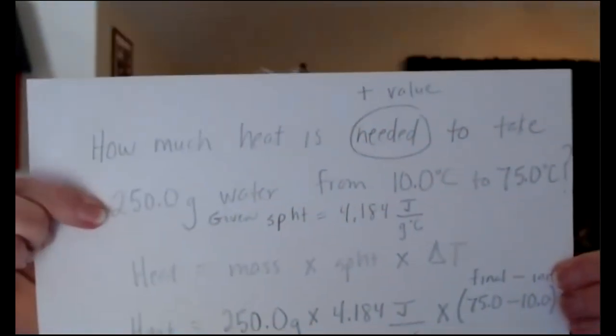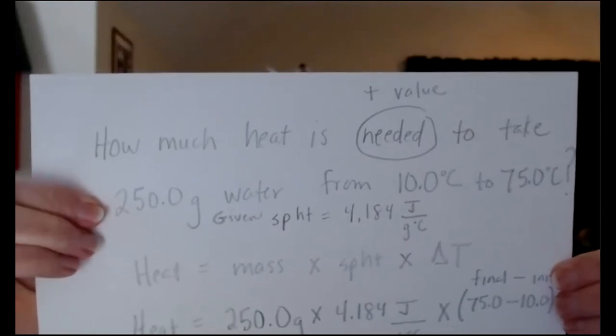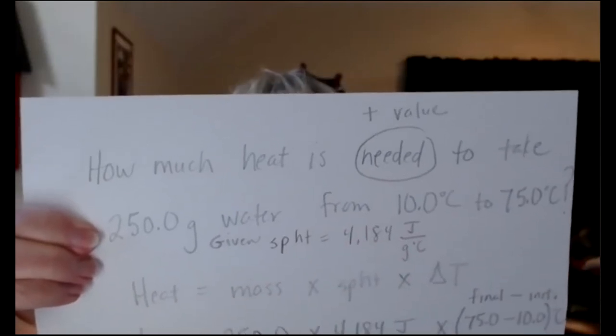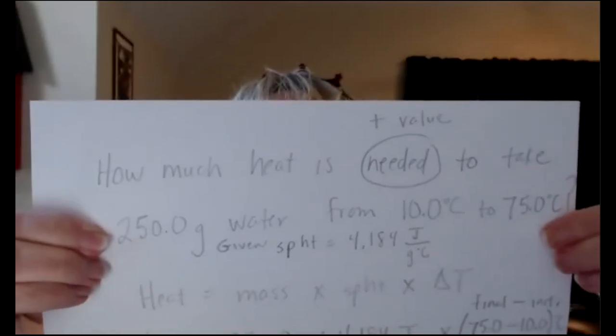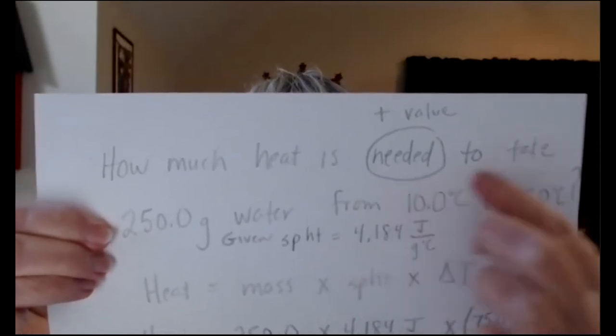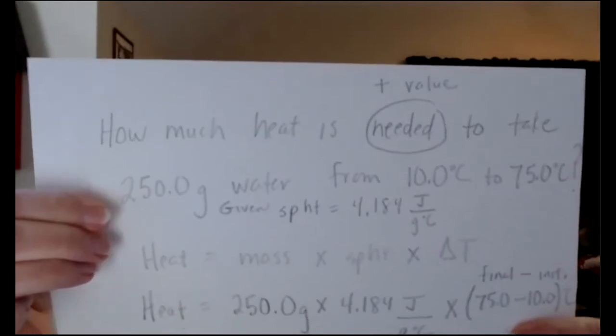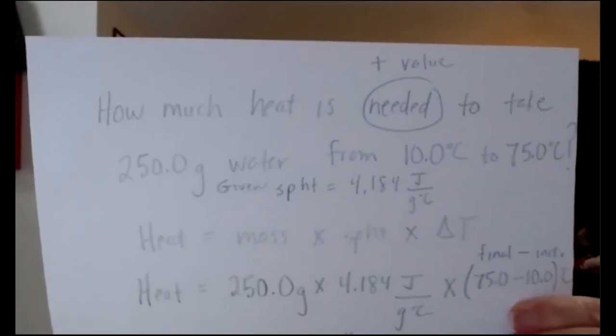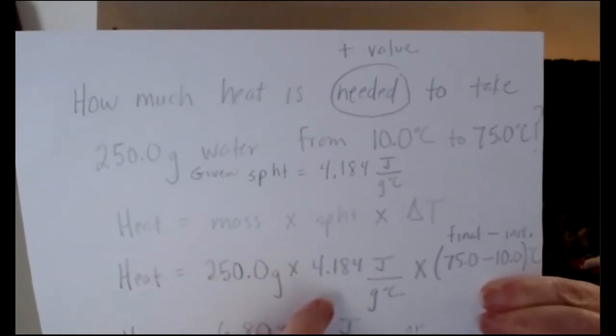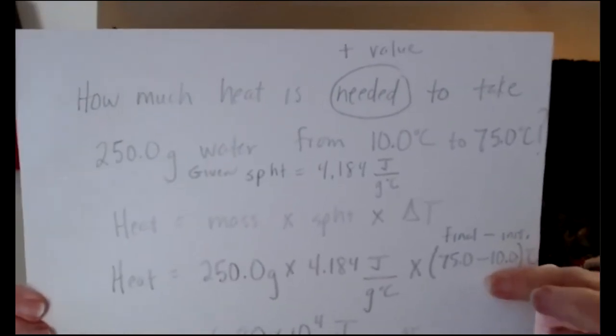Now, here is the straight plug and chug, and I'll do it quickly. If I give you an amount of a substance in grams, I provide the specific heat, and I'm simply wanting to take this substance, according to this problem, from 10 degrees all the way up to 75, so my temperature change is 65.0 because you're obeying the three significant figures. Heat equals mass times specific heat times your change in temperature.